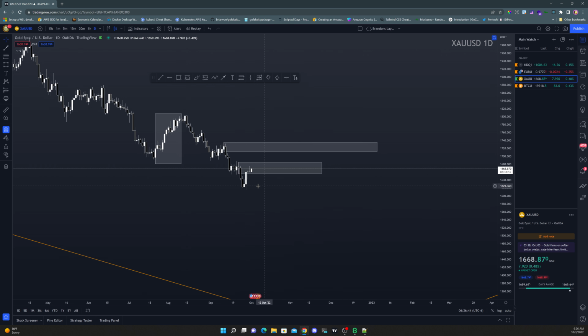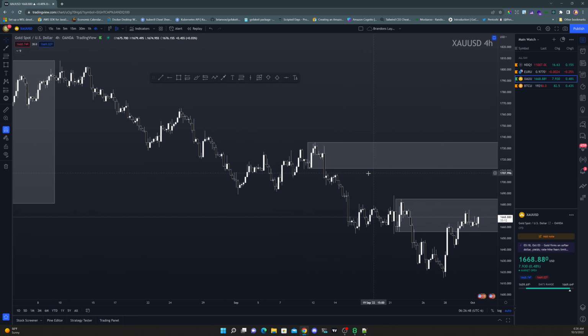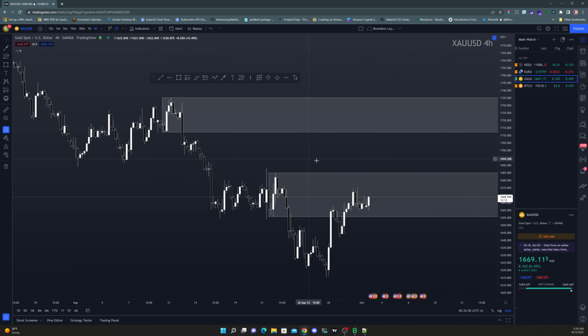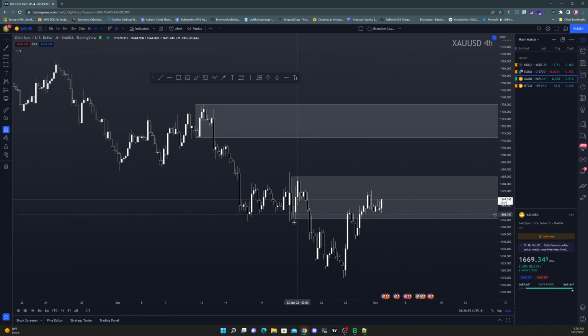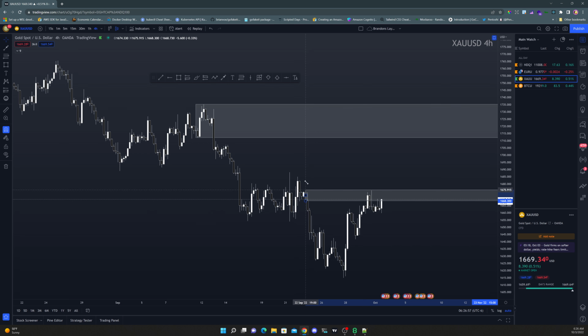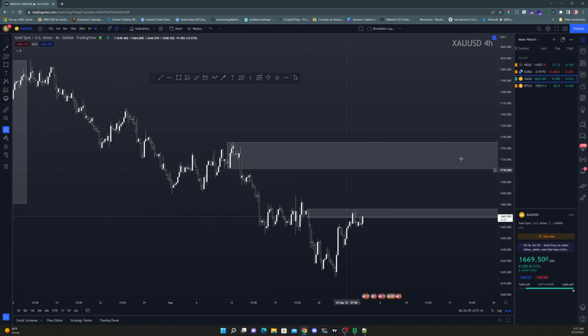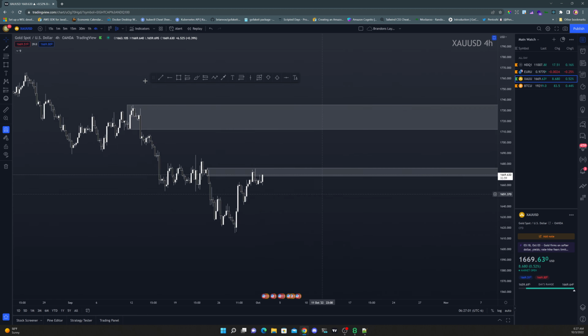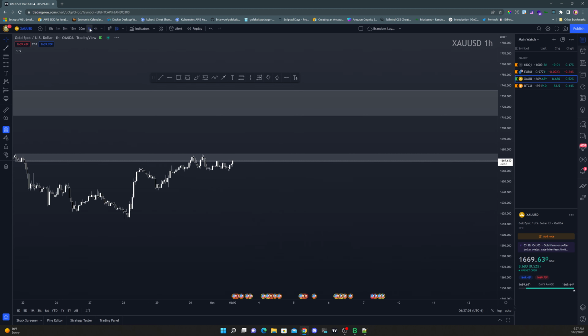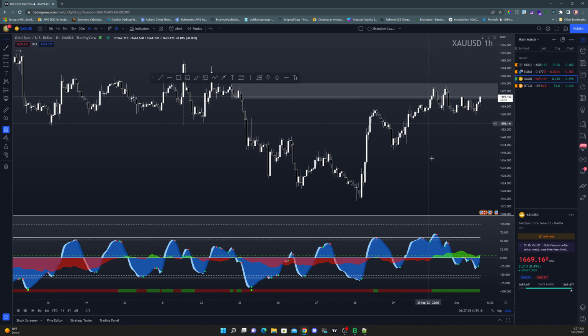That's what we're in right now on the daily. So we can go to the 4-hour. Yeah, and it just looks like we could go ahead and potentially refine it to here. It looks like it may be holding, but we want to confirm this. So let's go down to the 1-hour and see what's happening.